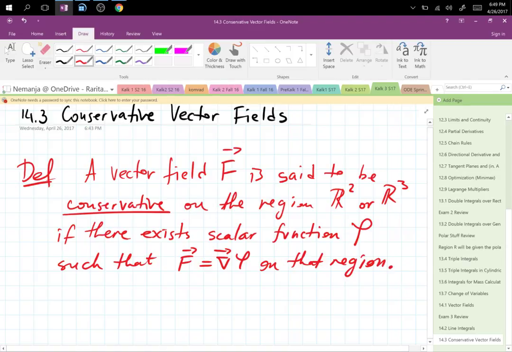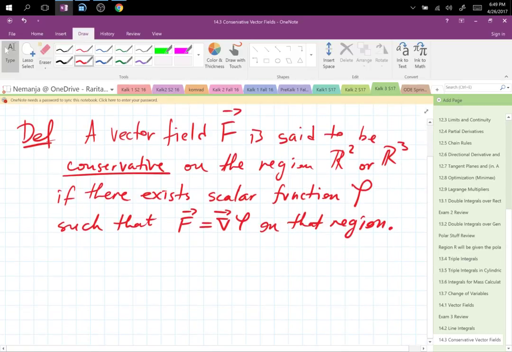So this is the definition, but you have seen this before. You know that del, the gradient, is going to give you the vector of partial derivatives, right?